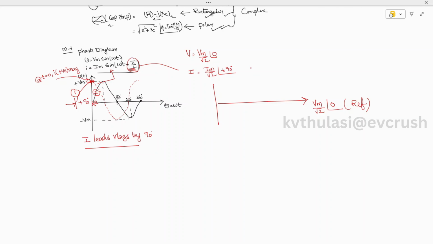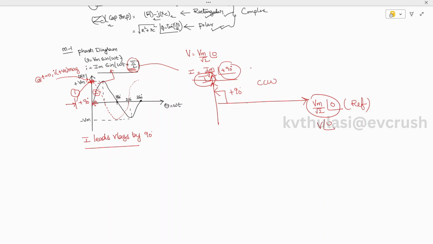And here you are going to get I is equal to Im by root 2 making an angle of 90 degrees. So this will be our RMS current, traveling at 90 degrees in the counterclockwise direction. Okay, so this is the current I, this is voltage V. What is first?